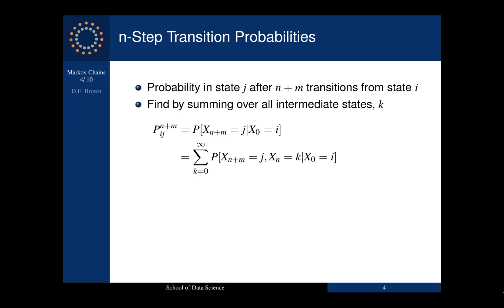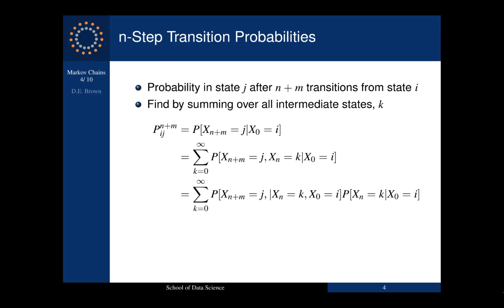Okay, so we've started at i at time 0. At time n, we're in k. And now the question is, what's the probability that then we're in state j? Well, we can find that by summing over all these states k, because that's the conditioning argument or the sum rule. We're just going to sum over all that intermediate state.